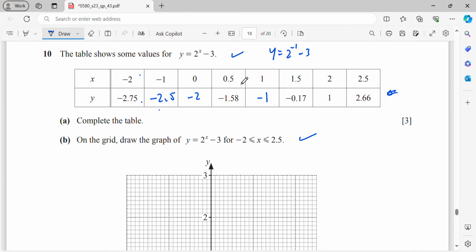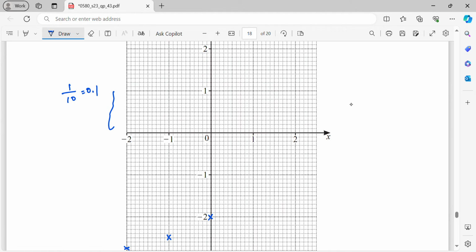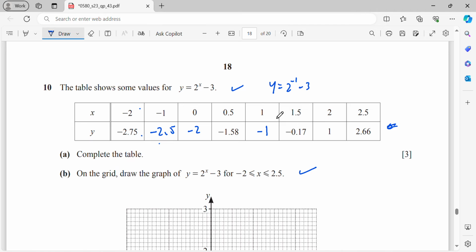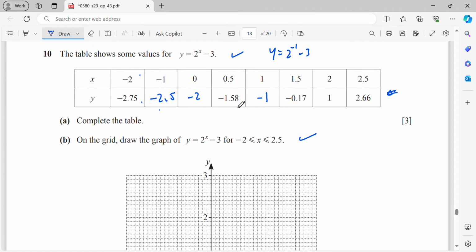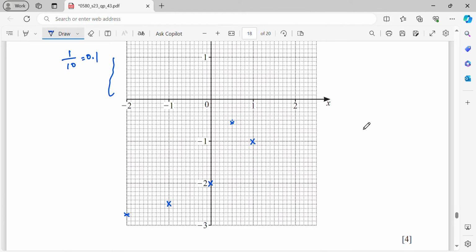Then 0.5, -1.58, almost here. After that, 1, -1. Oh, -1.58 I marked wrongly, so it is somewhere here.